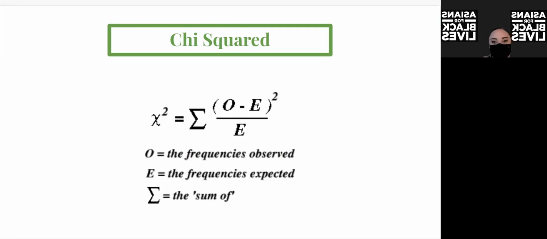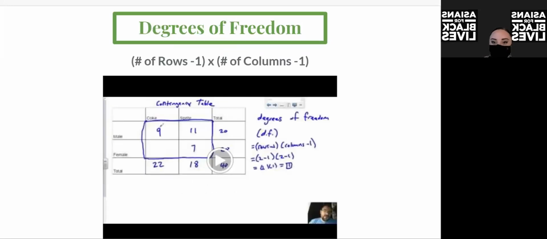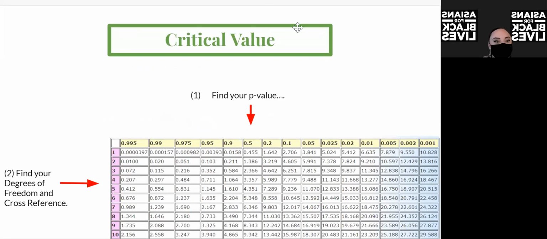The table that you get for that actually gives you your observed and expected frequencies, so you just have to plug and chug. Remember, this weird symbol represents the sum of, and a sum is just adding stuff up. Degrees of freedom, this is how you calculate it. And this is how you find critical value, okay?